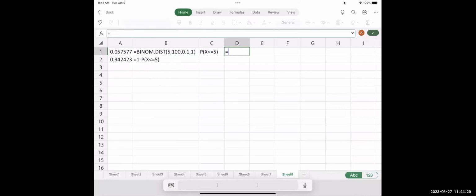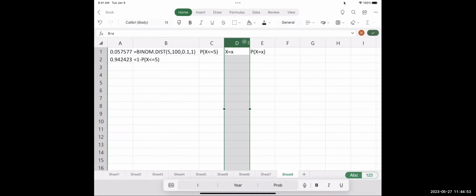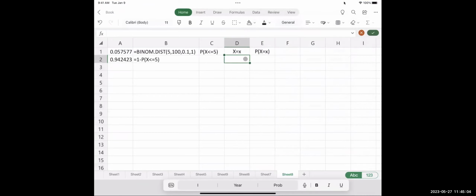I'll do the same one, but okay, what I'll do is X. So it starts at 0, right?